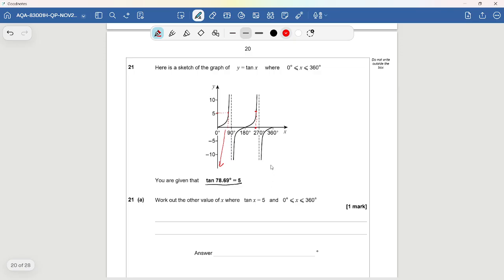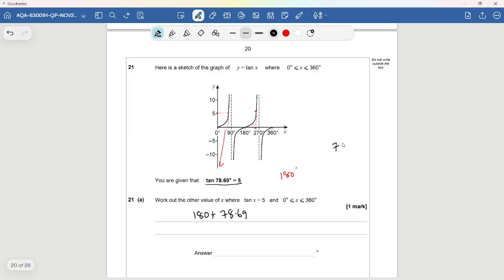We know the periodicity of tan is 180 degrees, so I can use this. I just have to add 180 degrees to 78.69 to get this value on the x-axis.